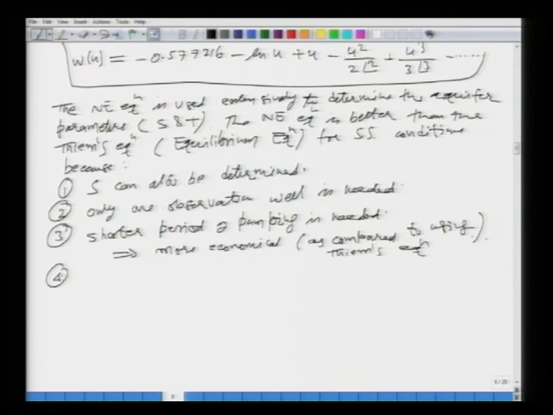And number 4 is simple: no assumption of steady state conditions is needed. That is to say, when we apply the Theis equation to determine the aquifer parameters, we are assuming that things are steady state, but it is very difficult actually to attain the steady state conditions in real life.